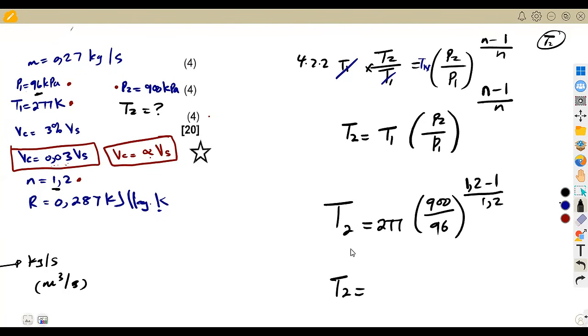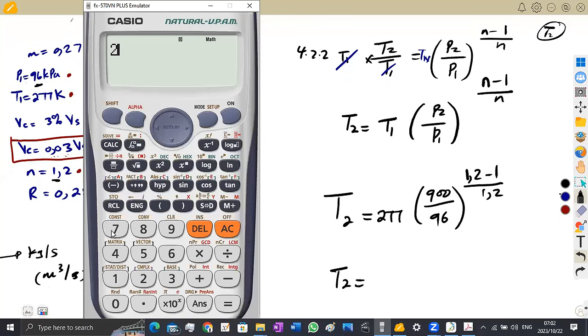We are going to simply have this on our calculator. Just make sure that you use your calculator properly in this case. All right, that's 277 into 900 over, in this case, 96. All right, that's to the exponent of, put a fraction there, that's 1,2 minus 1, then over 1,2 like this.